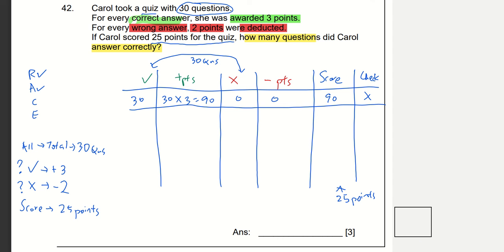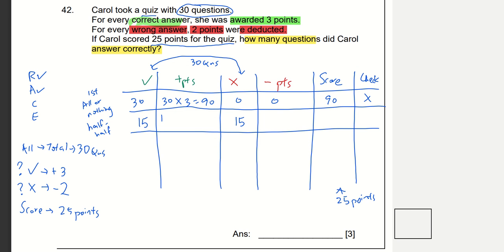So my first guess is usually all or nothing. And then the second guess will probably be a halfway guess, maybe half-half. Let's say I got 15 correct and 15 wrong. 15 correct, each question is worth 3 points, so 15 times 3 is 45.